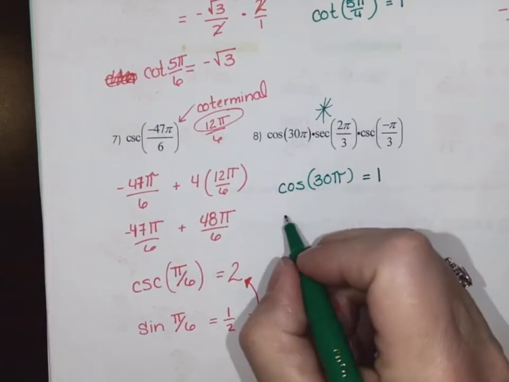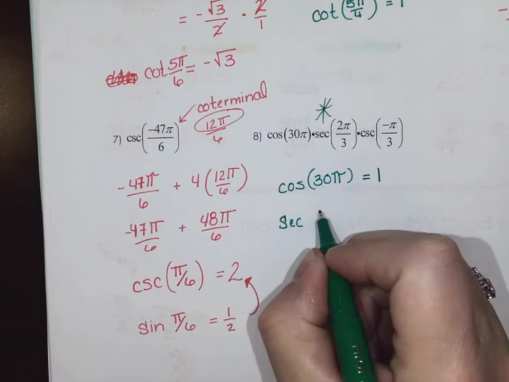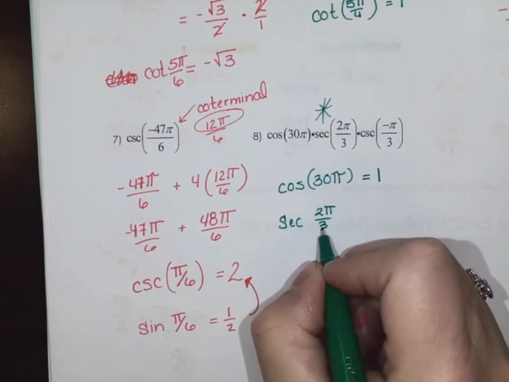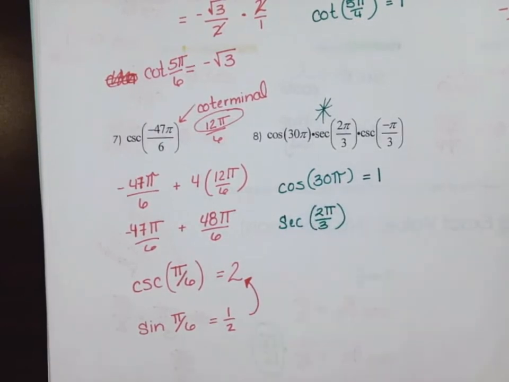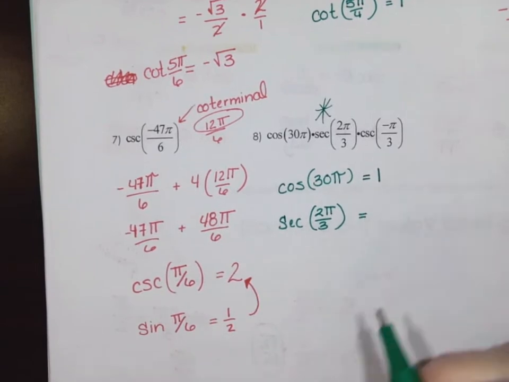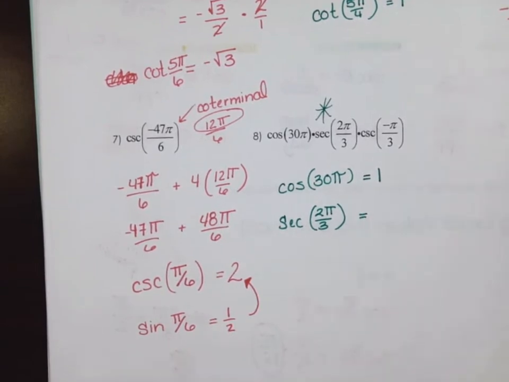Now we're going to do secant of 2 pi over 3. What quadrant am I in? 2. So it's definitely negative, and now you have to figure out if it's short or long.